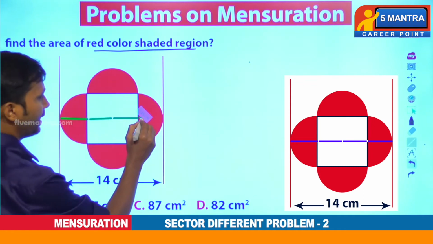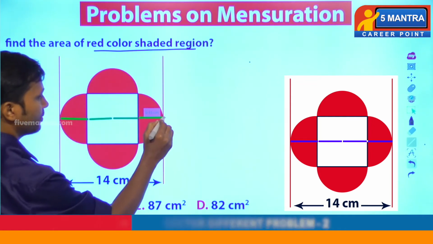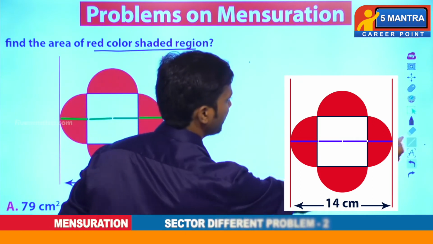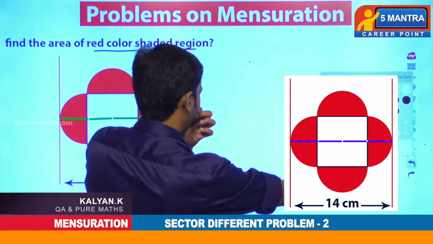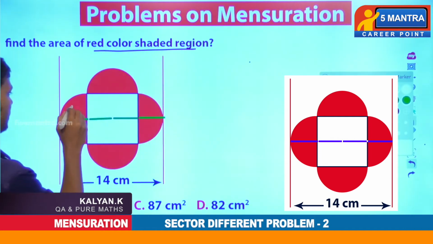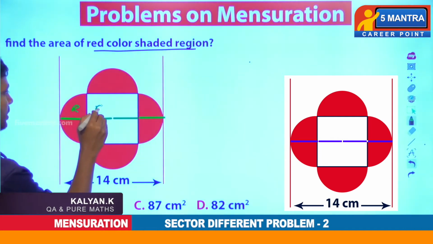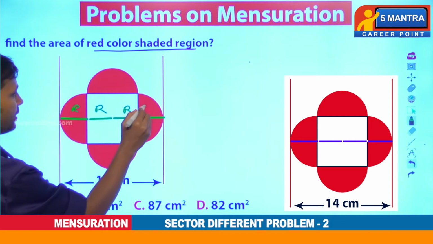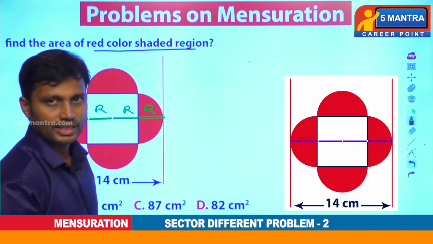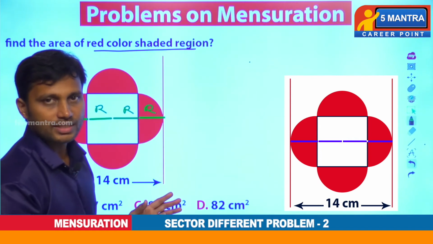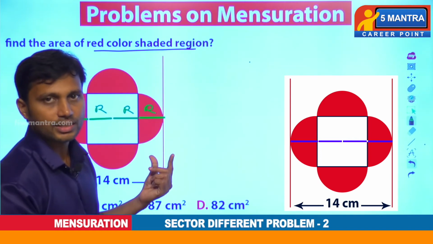Now this is another radius. Is that right or not? So how many radii are written over there? Just let us represent for our convenience. See here, this is 1 radius, this is 1 radius, this is 1 radius, and this is 1 radius. So this entire length is divided into 4 equal segments. Each segment is nothing but the radius of the circles.